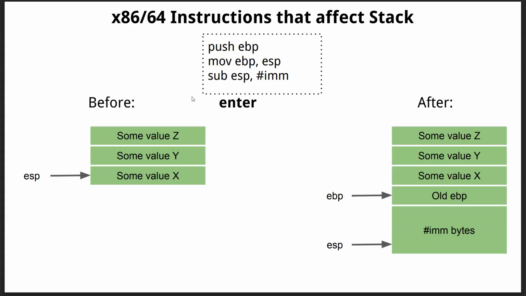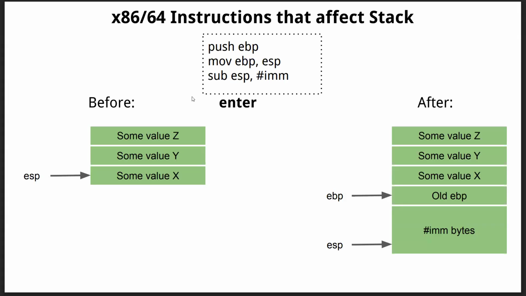Then what do they do? Let's say before those 3 instructions, or before enter, our stack looks like Z, Y, X. ESP points to X. Then the first instruction we execute is push EBP. Of course, EBP can also be RBP, the same thing, which means we are going to save the register EBP's value onto the stack.